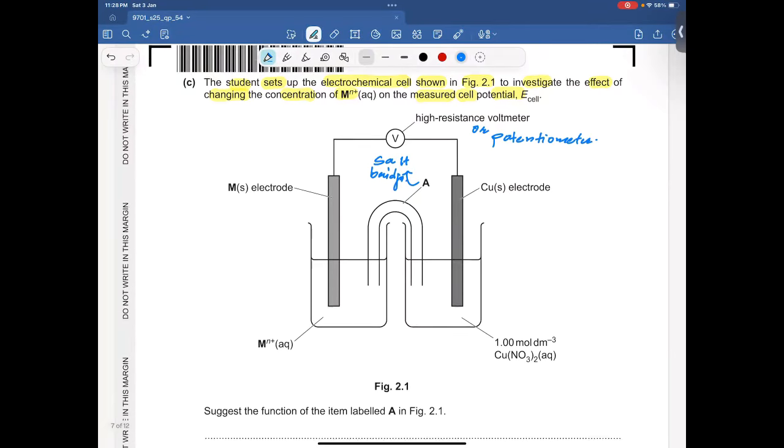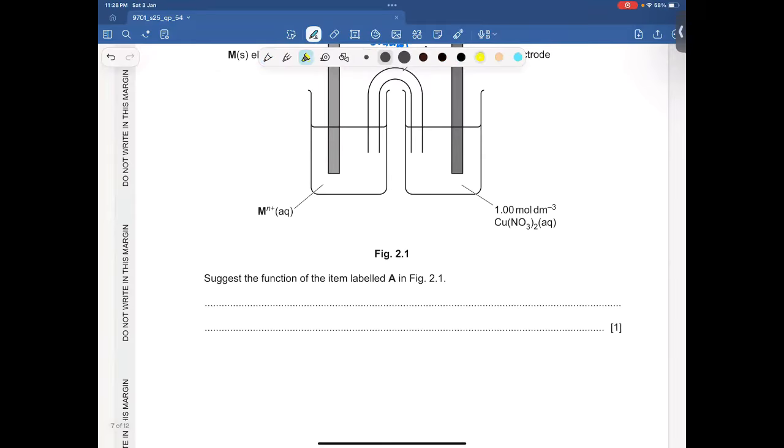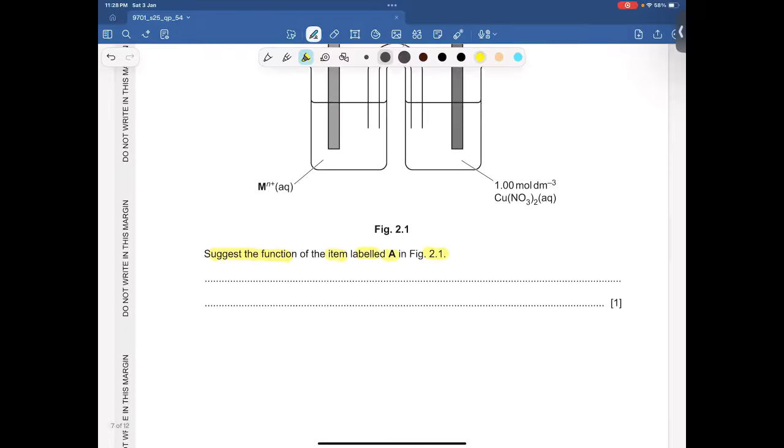Okay. State or suggest the function of the labeled item A in figure 2.1. The salt bridge's function is easy.